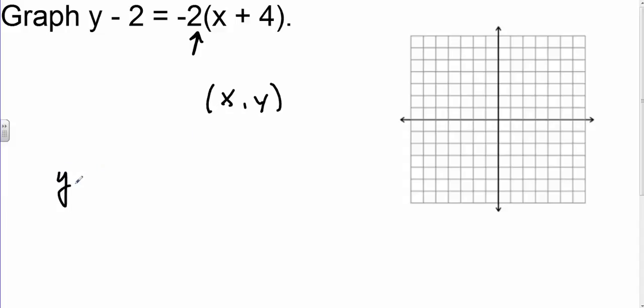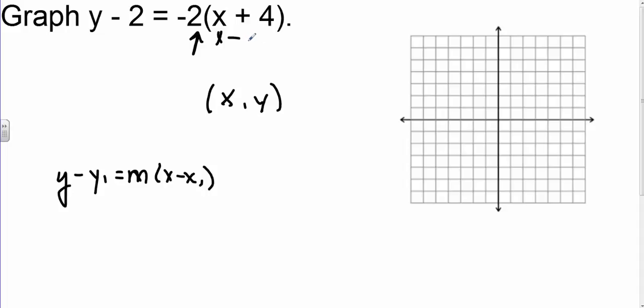Remember, the point-slope form is y minus y1 equals slope times x minus x1. So when we're looking at this, this is going to be minus x. So this is x minus something up here, okay? So what would you have to put right here so that it would say plus 4?